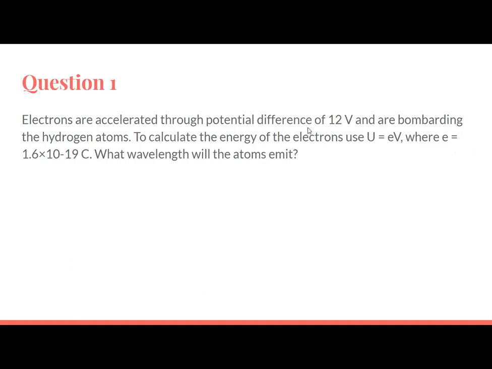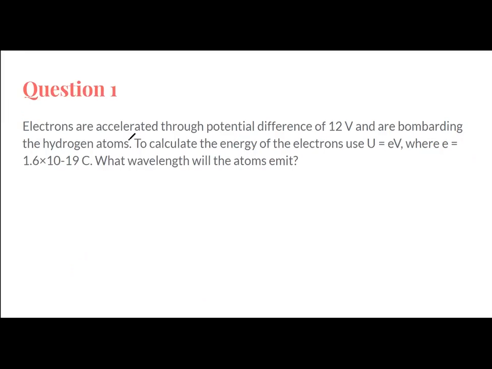So electrons are accelerated through a potential difference of 12 volts, and they're bombarding hydrogen atoms. What wavelength of light will the atoms emit? So it might not be apparent right away, but unless you're told otherwise, you can assume that the hydrogen atoms are at their ground state.